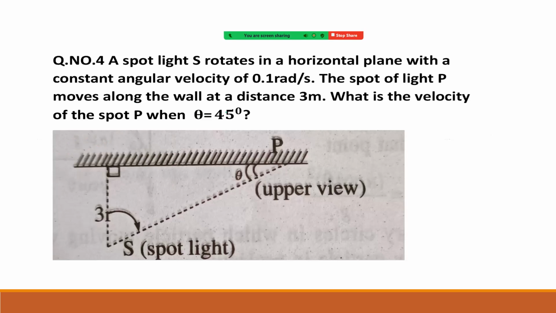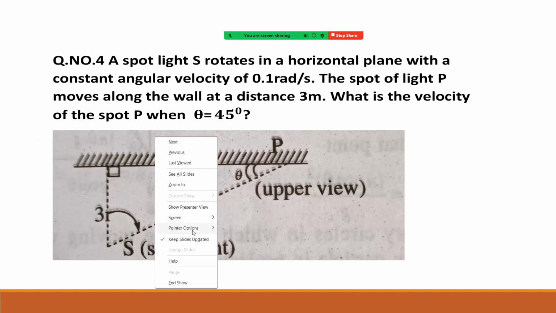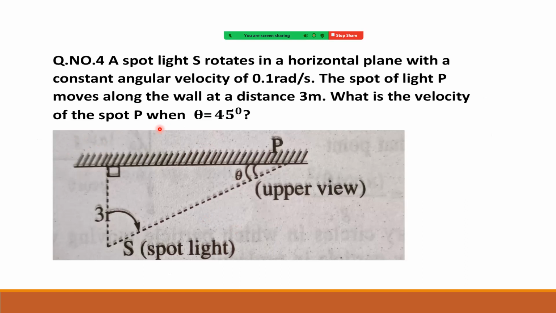This is a previous IIT question asked in 1987 for 2 marks. See once what is given. A spotlight S rotates in a horizontal plane with a constant angular velocity of 0.1 radian per second.